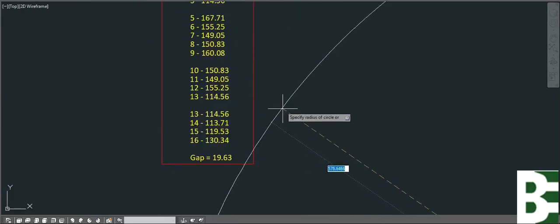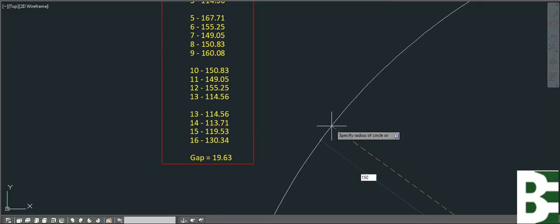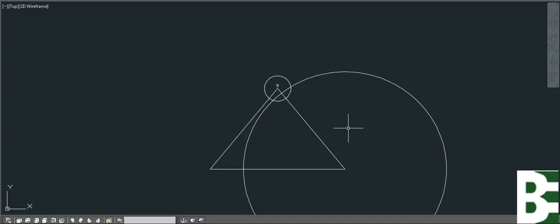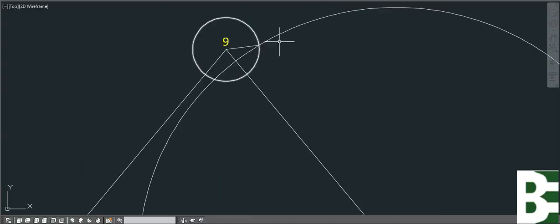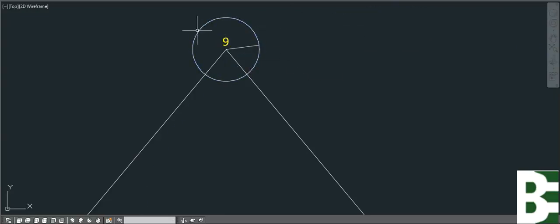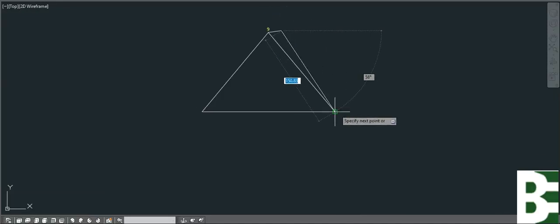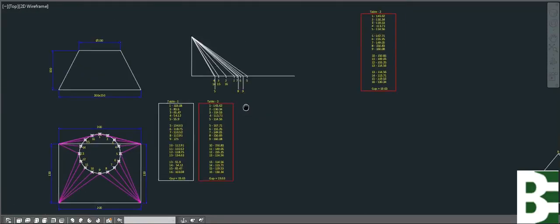I will draw a radius 150.83, and look where both lines are touching with each other. Remove these circles and draw a line to the corner.